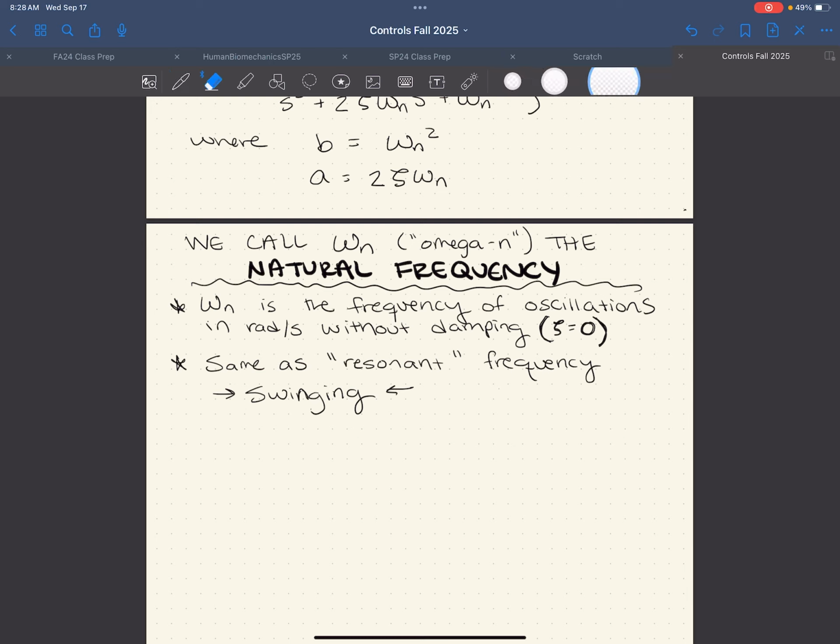So when my daughter pumps her legs, she cannot overcome the energy losses in this system, unless she just continues pumping and pumping and adding more and more energy. So she does not become an unstable system because the system has damping.